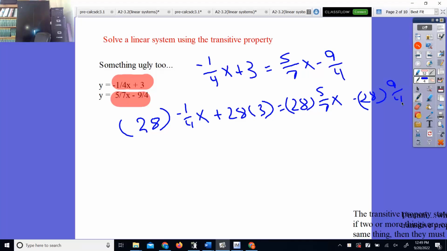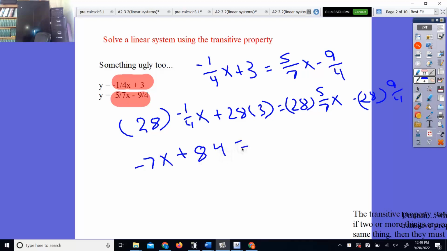Fractions are not as bad as you guys think they are, especially multiplication. The first one is 28 times negative 1 over 4. Just focus on division. What's 28 over 4? 7. Times the negative 1, it's still there. Negative 7x. This is what I was helping Chris with, 28 times 3. 20 times 3 is 60. 8 times 3 is 24. What's the sum? 84.